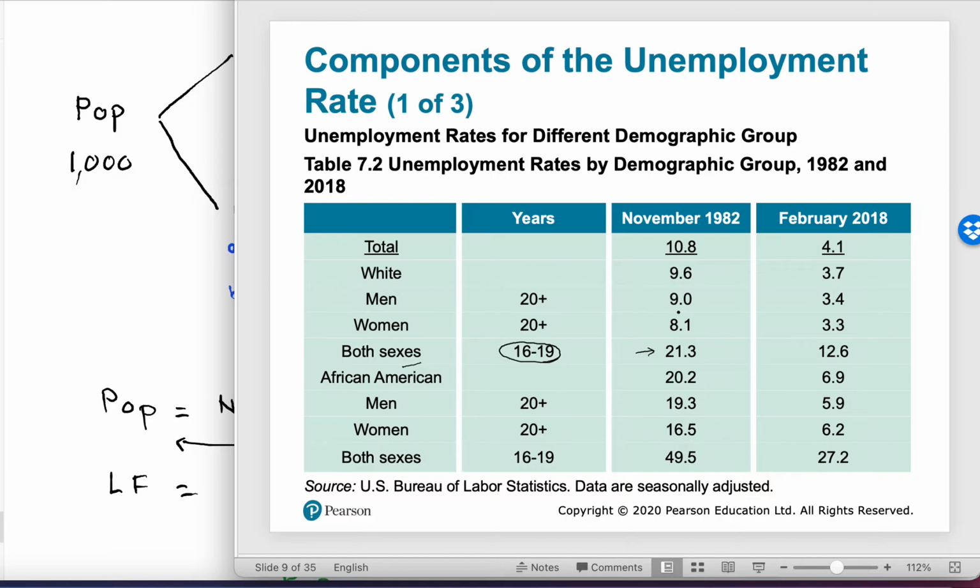But among women in 1982 it was 8%. In 2018 it was 3%. Among the men, it's 3.4%.